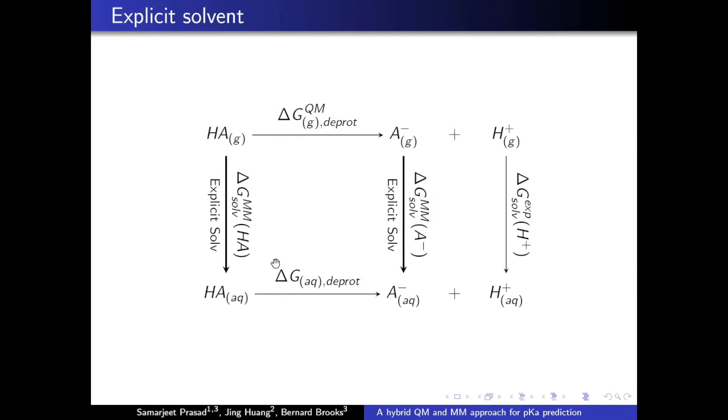So this is what we wanted to do, moving from the implicit solvent model for the acid and the conjugate base to an explicit solvent model. However, doing this at the QM level is practically impossible. So we used an MM approach to calculate the free energy difference. The third one is generally obtained by previous experiments.